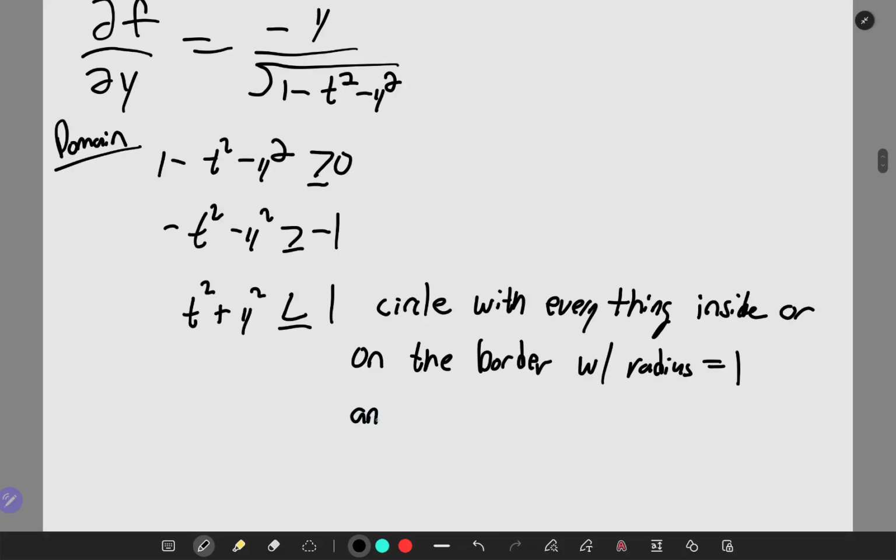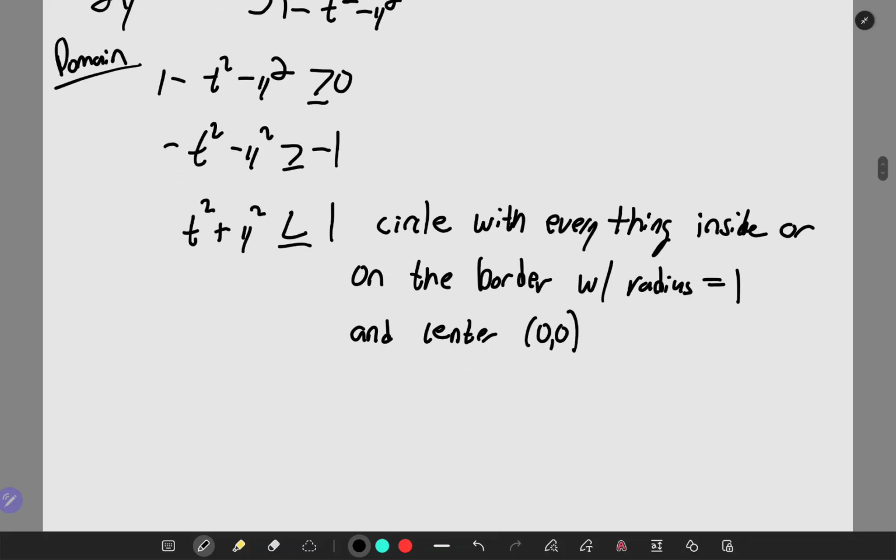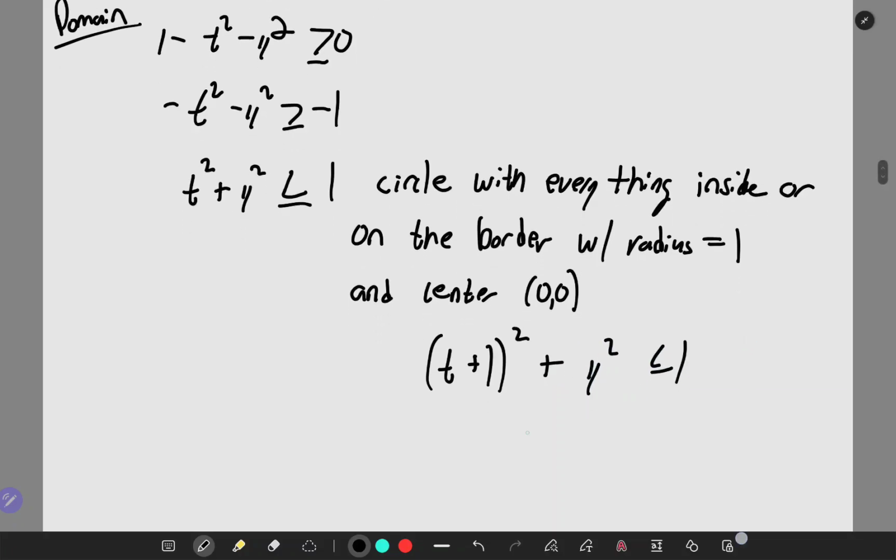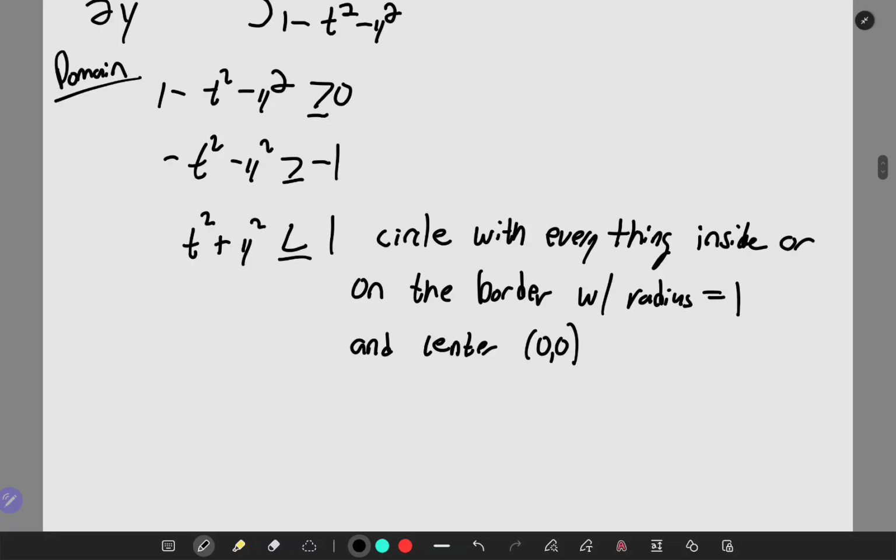And the center of this circle is 0, 0. And if you're taking Calc 3, you know where that comes from. Basically, if we had something like this instead, the center would be negative 1, 0. Okay? But just don't worry about that for this.